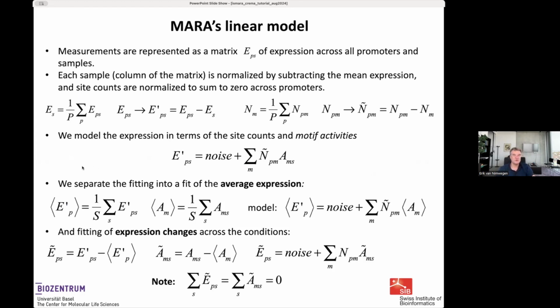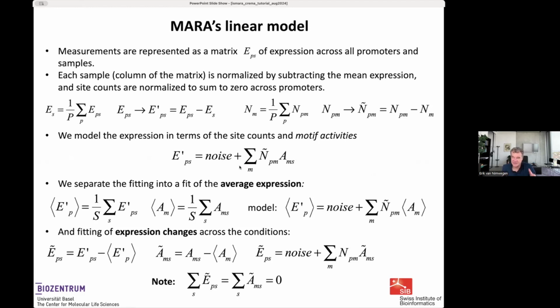And then what we do is we now model this new gene expression in terms of activities of motifs. So we're going to assume that the expression level of promoter P in sample S is given by the sum of some unknown activity that motif M has in sample S times the number of binding sites in the promoter P for motif M, summed over all motifs.